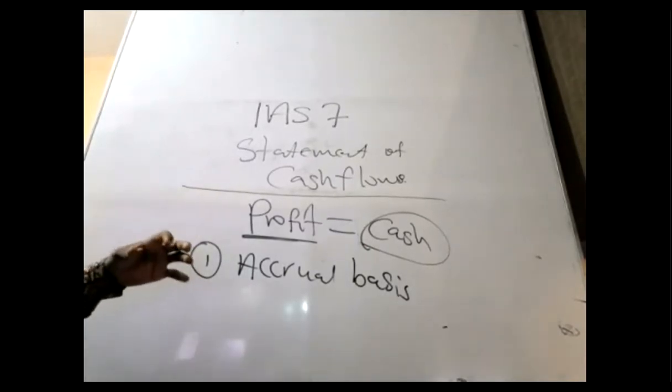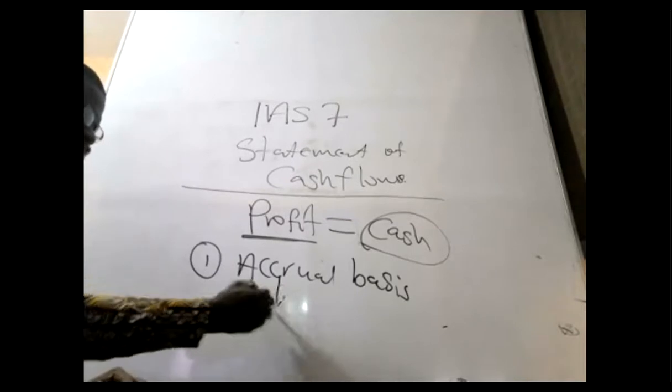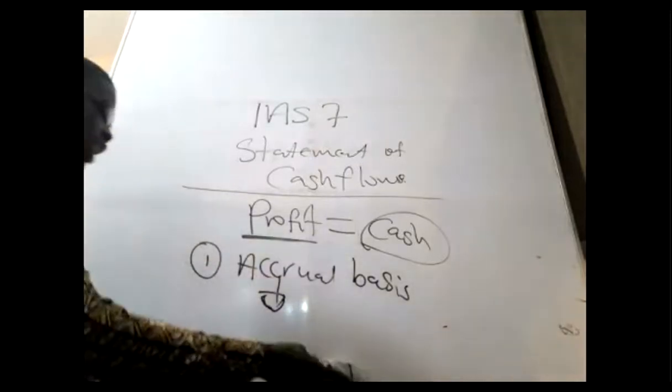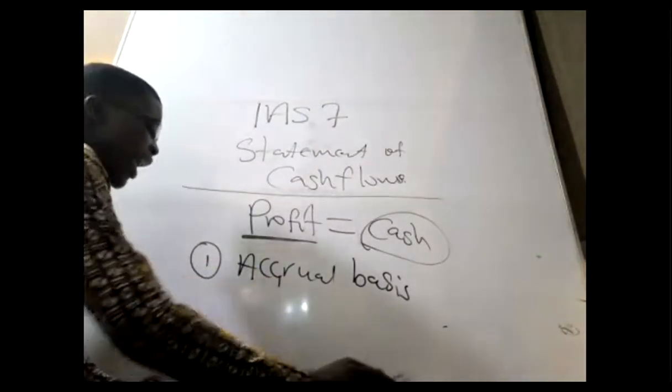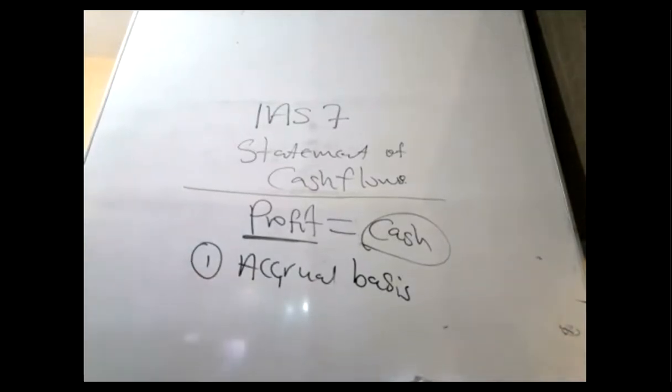So accrual basis lets you report on occurrence of transactions, but not on cash movement. It is based on occurrence. Once the transaction took place, irrespective of the movement of cash, you should record it. That is one. So any entity or group on the accrual basis will have this particular challenge.